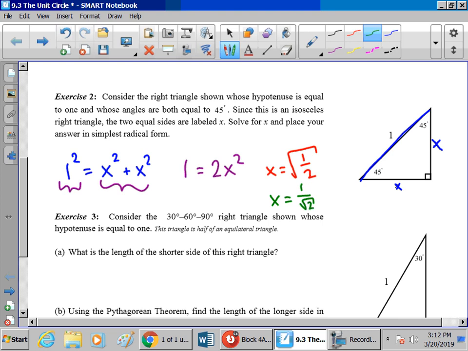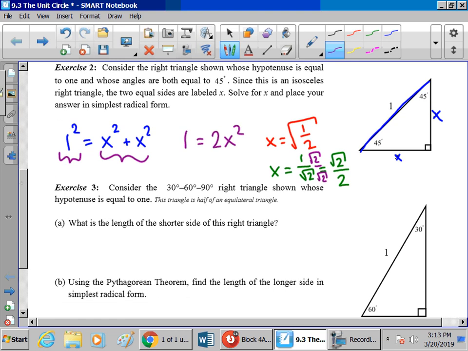Remember how to simplify radicals. This is equal to square root of 2 over 2, because if you multiply the top and the bottom by rad 2, with rad 2 on the top, and then rad 2 squared, which is going to be 2 on the bottom. So x equals rad 2 over 2, or square root of 2 over 2. I'm going to say rad because it's easier for me.